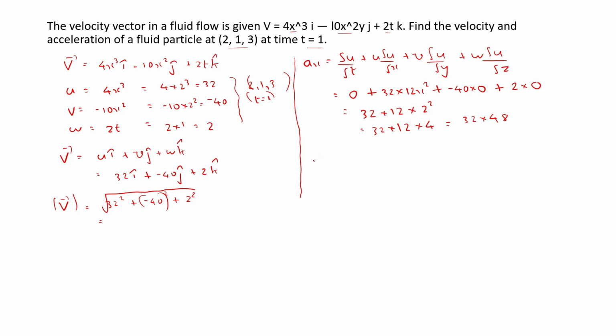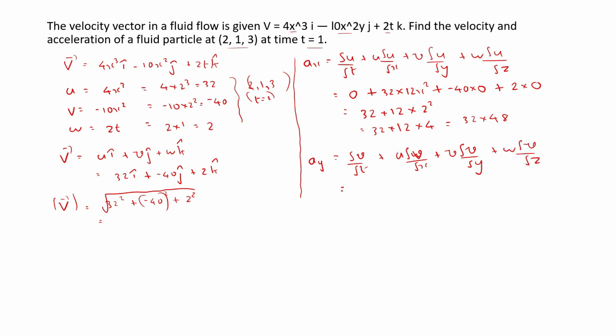And ay is equal to dou v by dou t plus u into dou v by dou x plus v into dou v by dou y, plus w into dou v by dou z.